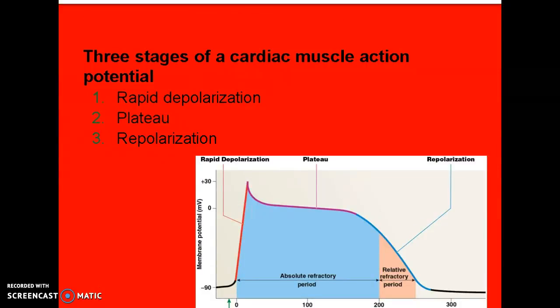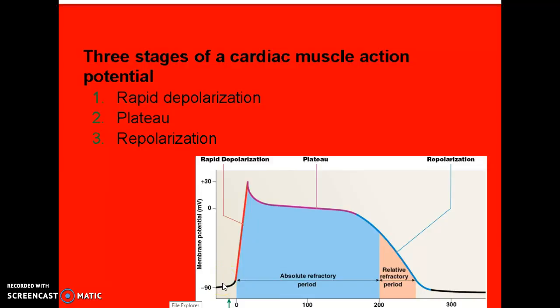There are 3 stages of a cardiac muscle action potential. Those 3 stages are rapid depolarization, plateau, and repolarization. So I don't know if you remember anything from the muscle chapter, but the membranes are at resting potential, and that's usually like -70 millivolts.